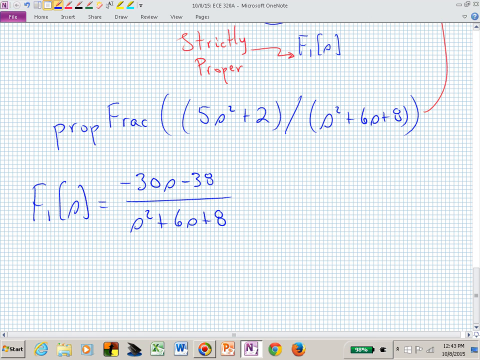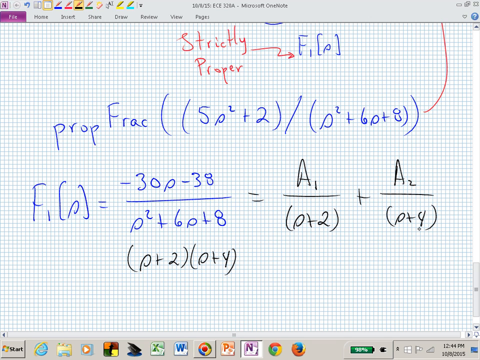It could be real and equal, real and unequal, or complex if it's a quadratic. In this case, do you see the factorization? 2 and 4. This can be factored into (s plus 2) times (s plus 4), which says we are looking at a partial fraction expansion.